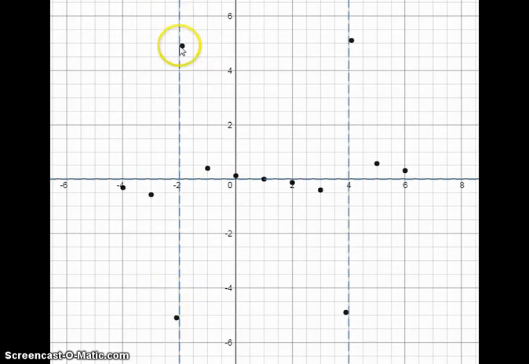Here we're going to see a branch that increases sharply up in this direction, crosses the x-axis at 1, 0, and then gradually curves down here and then decreases sharply as x approaches 4 from the left side, and then the last branch is up here, increasing sharply as x approaches 4 from the right and leveling off to 0. So let's go ahead and plot the actual curve and see if we had a good idea.